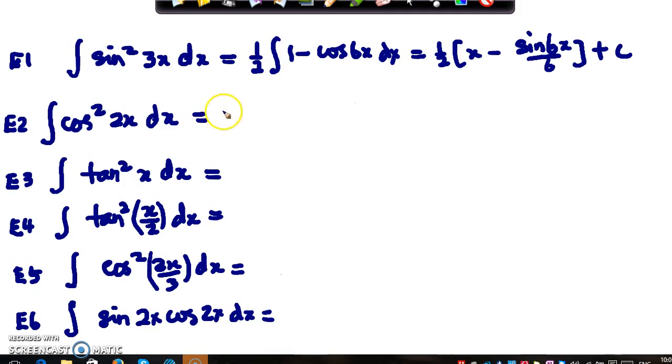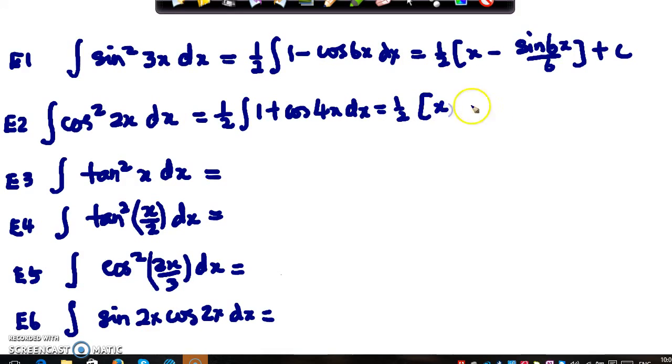For the next one, also using double angle identity, this will be 1 plus cos, double the angle 2x becomes 4x. Integrating will give us this answer. Integrate 1 will give us x, integrate cos will give us sine 4x over 4 plus c.